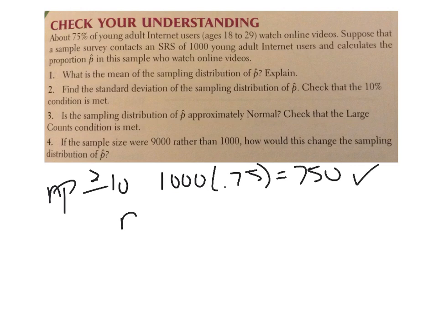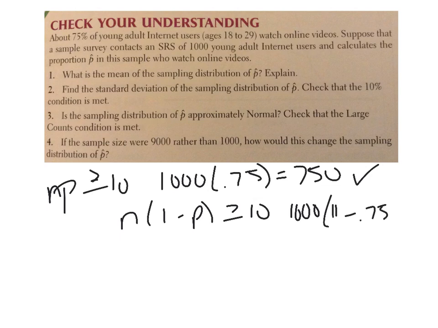I also need to make sure that n times 1 minus p is greater than or equal to 10. So 1,000 times 1 minus 0.75 gives me 250, again greater than 10. So my large counts conditions are met.